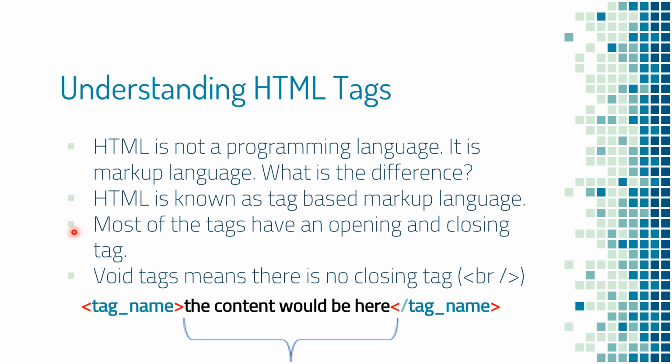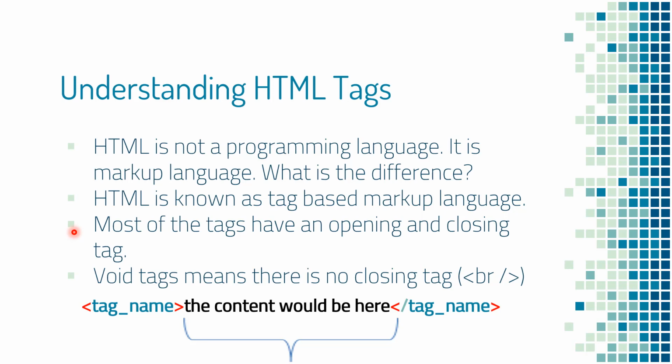As you know, one of the main components in any programming language is logic, let's say if conditions, or repetition controls. All these things are characteristics of any programming language. But HTML in general doesn't provide any functionality to do logic or repetition.